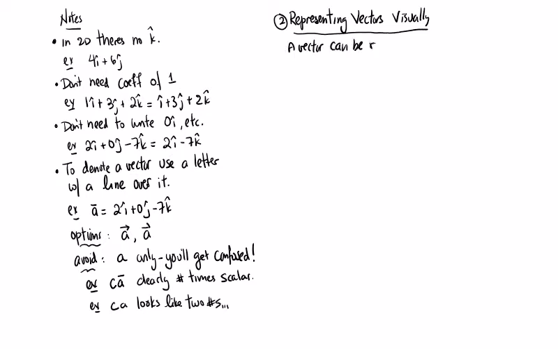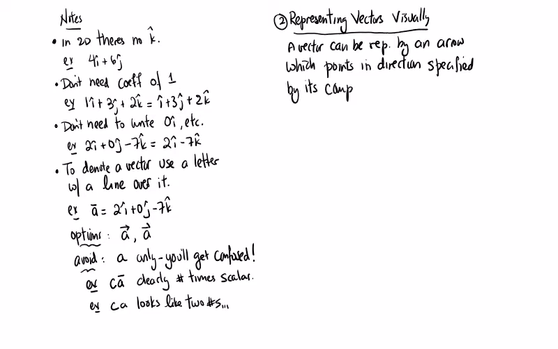So let's say it can be represented by an arrow which points in a direction specified by its components. If that's a bit unclear, that's okay.